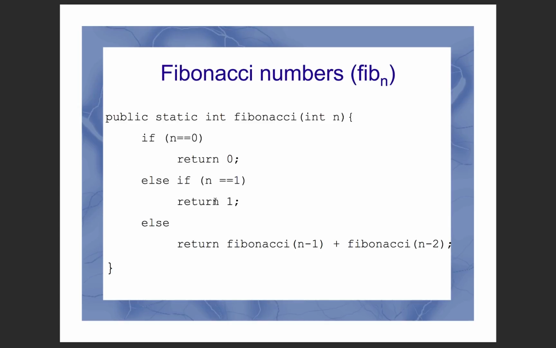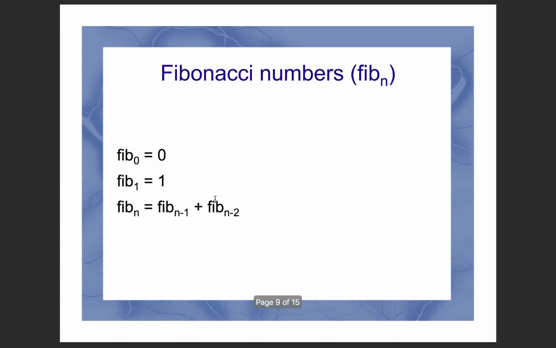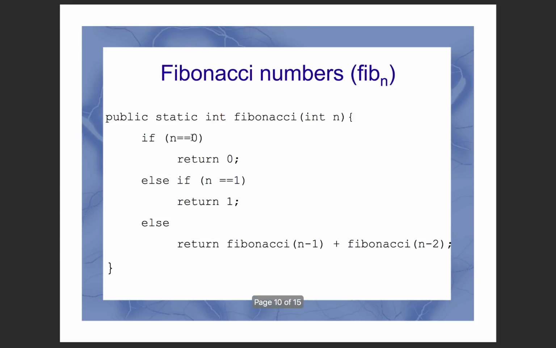So if you write these definitions in code, then you could have something like that. You have a method called Fibonacci, and Fibonacci takes some n value, and you have two base cases. If n equal to 0, then return 0. If n equal to 1, return 1. These two are base cases, and this is the recursive portion, which calls Fibonacci(n minus 1) plus Fibonacci(n minus 2).